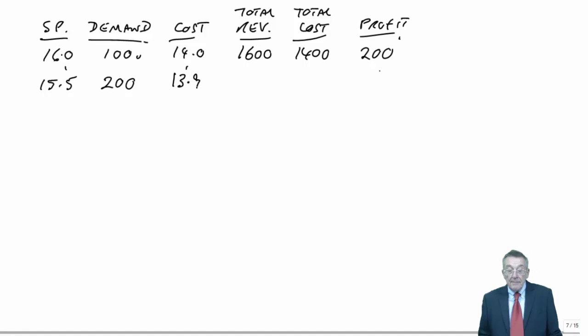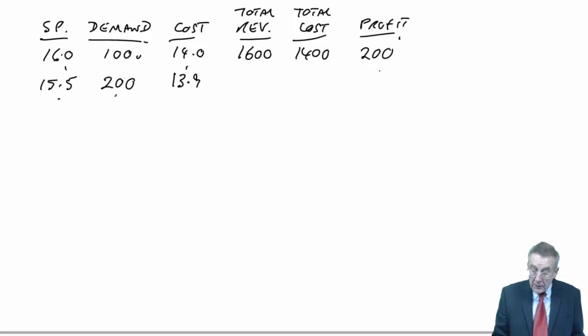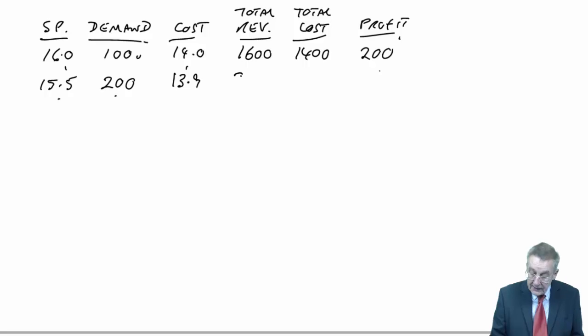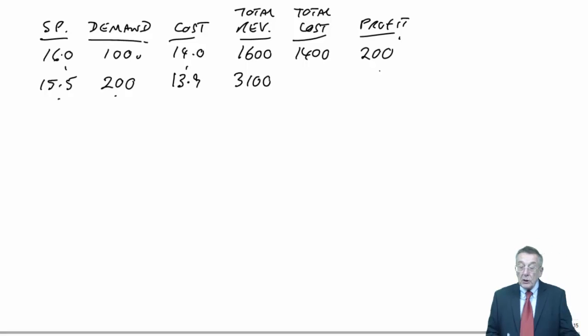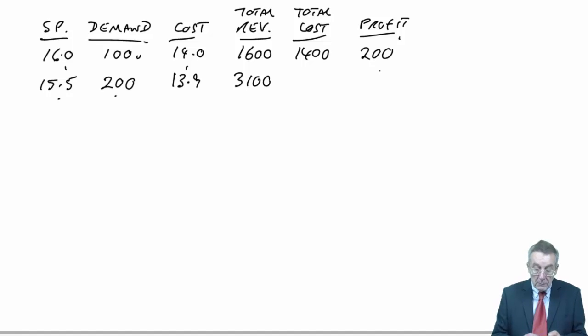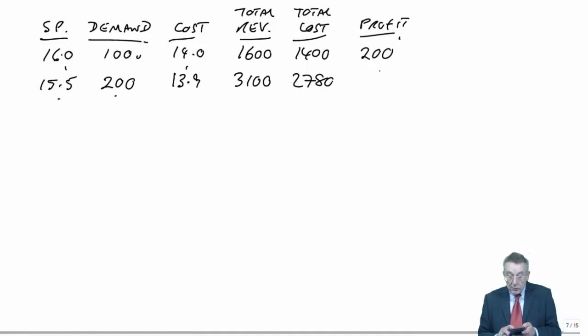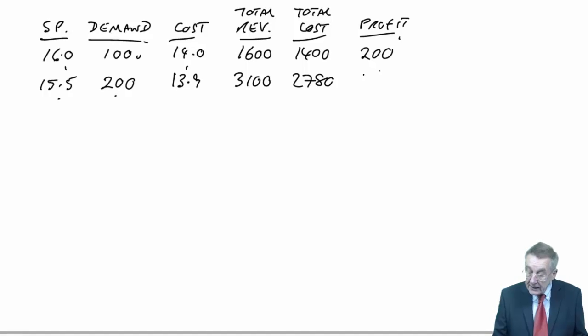But as a result, the total revenue, 200 at 15.5, is it 3,100? Yes, it is. The total cost, 200 at 13.9, is 2,780. And so the total profit, one less the other, is 320.